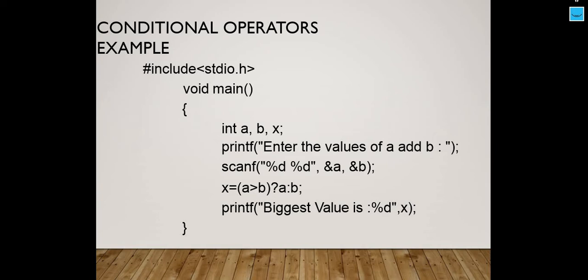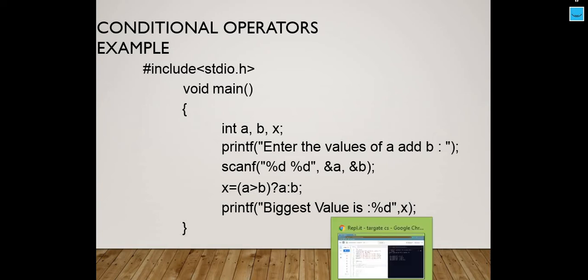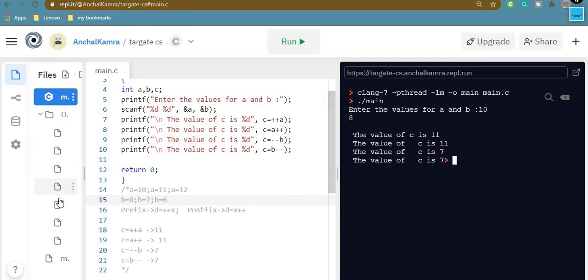If we just recall the if statement, this condition or expression A is greater than B is acting as the condition for if, this A is our if block and this B is our else block. Now let's just execute this directly on the IDE.